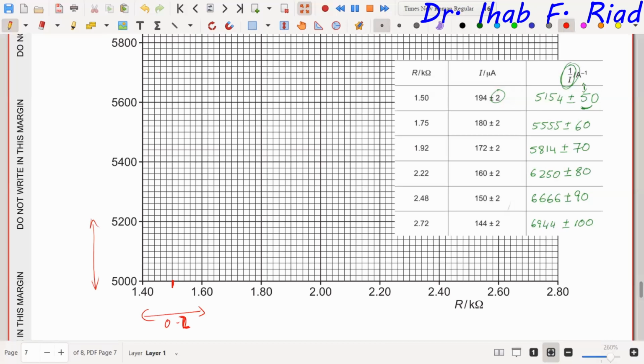I wrote 5154 minus 5,000 divided by 20. Ah, you are doing it for the y-axis. Okay.